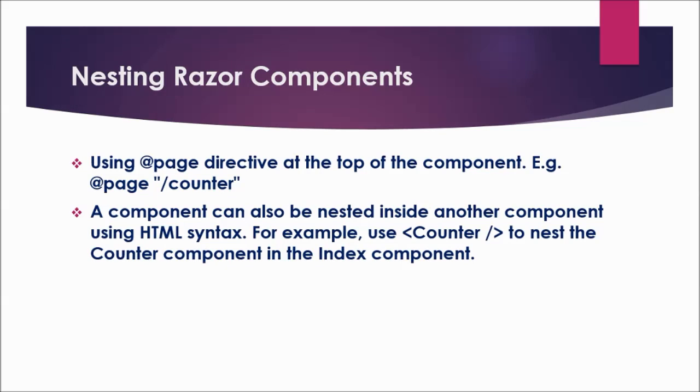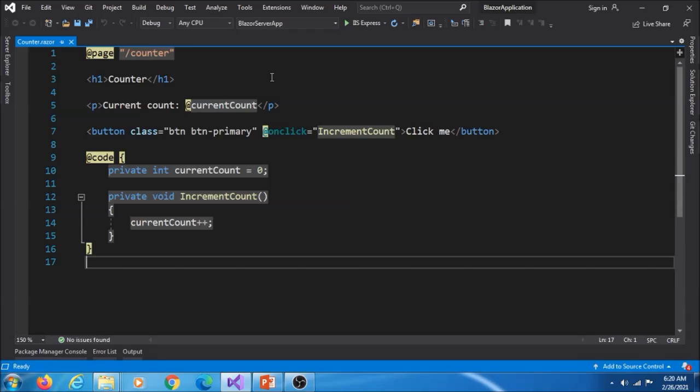You can use it like an HTML node, Counter, and a closing node. We will take a look at it now. If you see the Counter.razor file, the path /counter is specified by the page directive at the top of the component. This is one way of rendering a component.